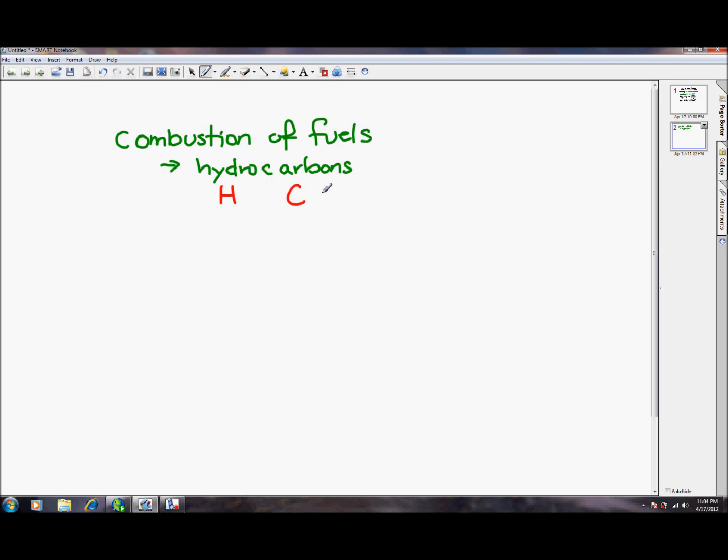Though the name is somewhat misleading, unfortunately, because when we see the formulas written for hydrocarbons, we always see those elements written in reverse order: carbon, and then hydrogen. And then carbon will have some type of subscript, and the hydrogen will have some type of subscript.